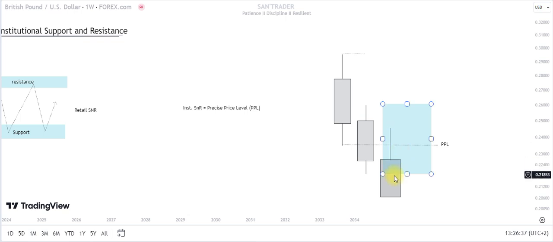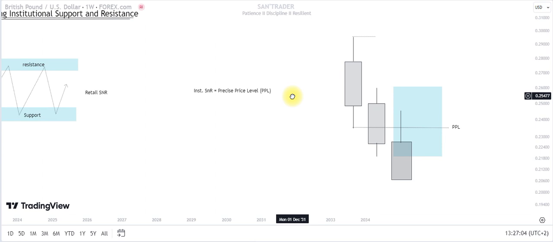Sometimes we use PPL to anticipate a swing or a reversal. One, it's a continuation, we use PPL for continuation. Two, we use it to anticipate a swing or a reversal, our reversal pattern. So we use PPL for two reasons.